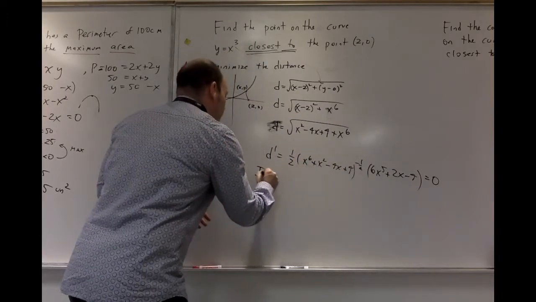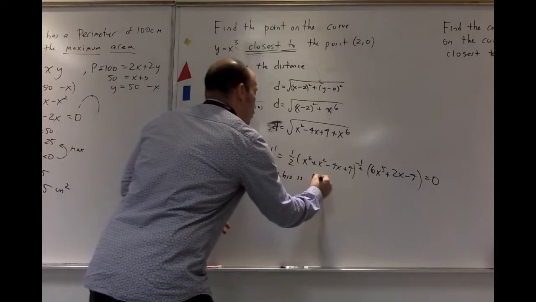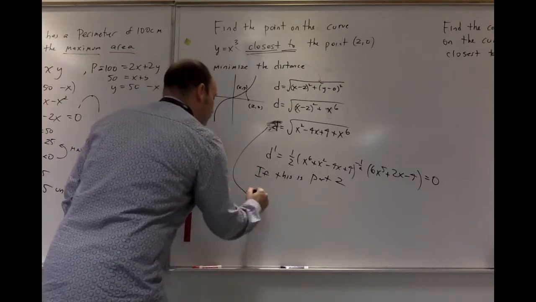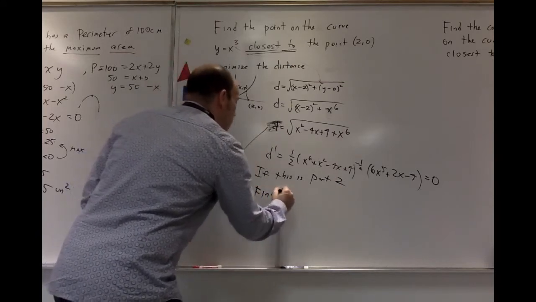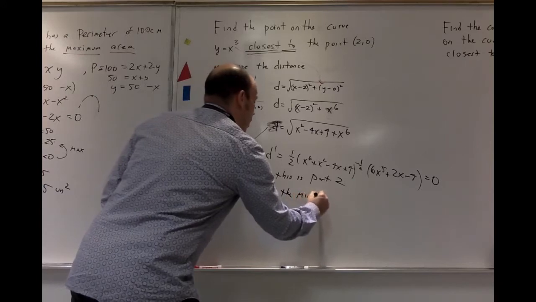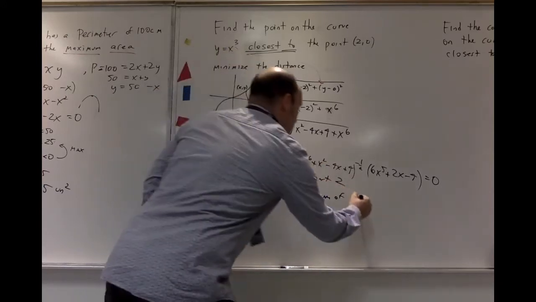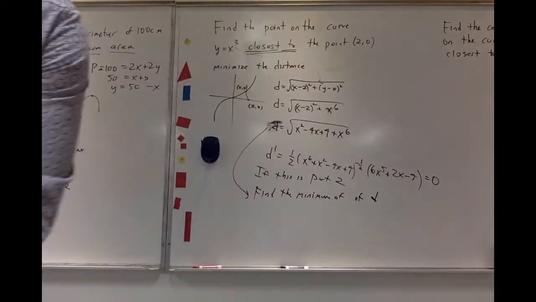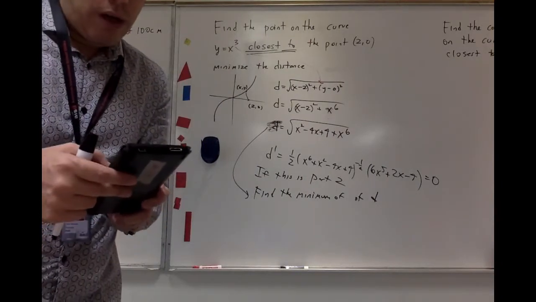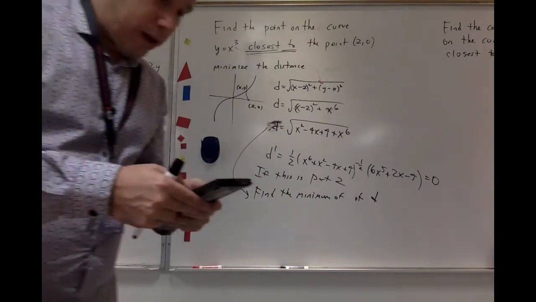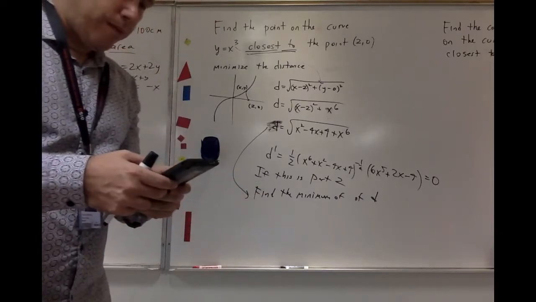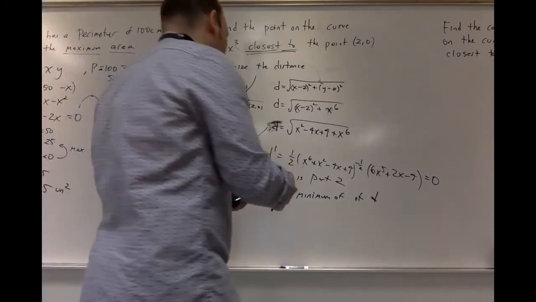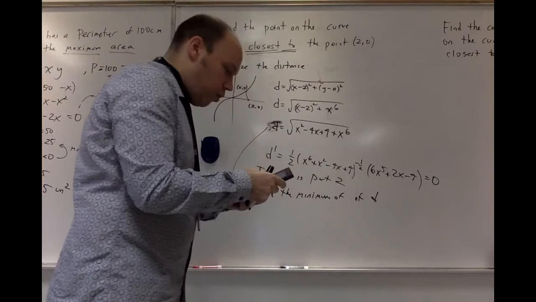So if this is a part 2, all you can do is just literally find the minimum of D. And what you're going to do is go to your graphing calculator. Let's see. Graph, tab. You're going to put this function in there. So you put the square root.